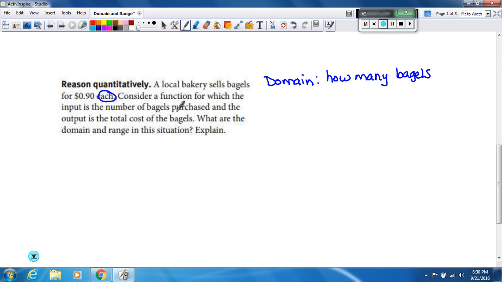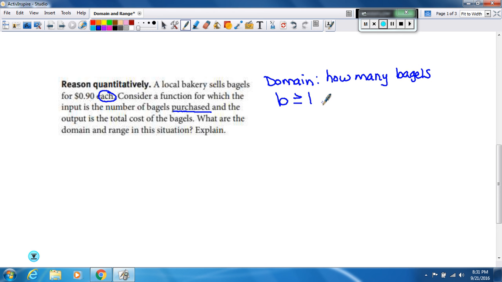Now, if you have purchased a bagel, it's not going to be 0. Okay? It's not going to be 0. It's going to be at least 1. Okay? So the bagels has to be greater than or equal to 1.